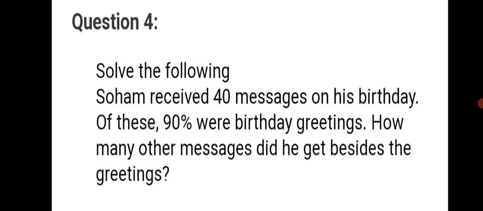Soham received 40 messages on his birthday. Of this, 90% were birthday greetings. How many other messages did he get besides the greetings? So let's see. We have to find the number of messages, and the birthday greetings are given in percentage. So let's solve this.